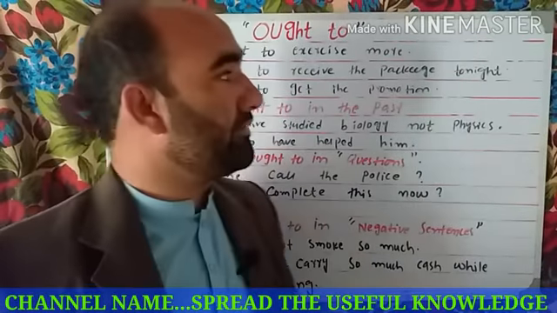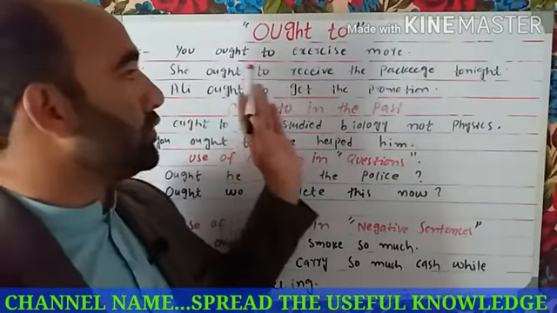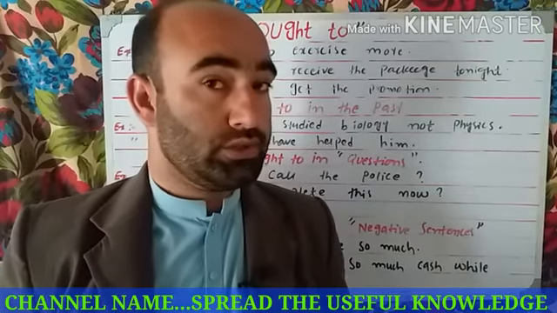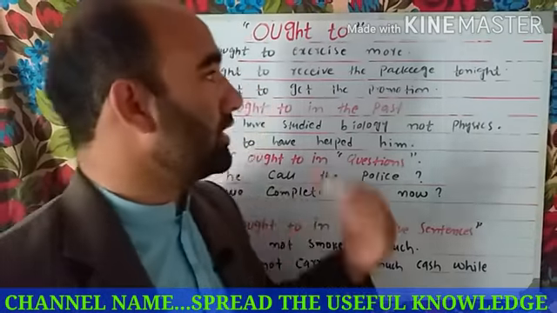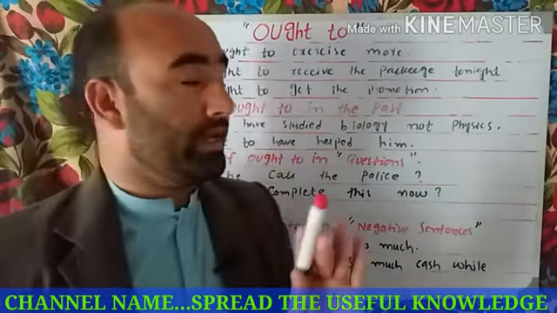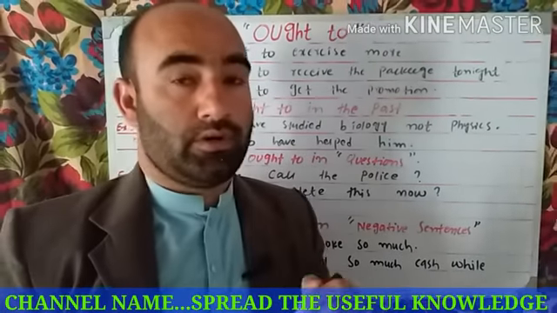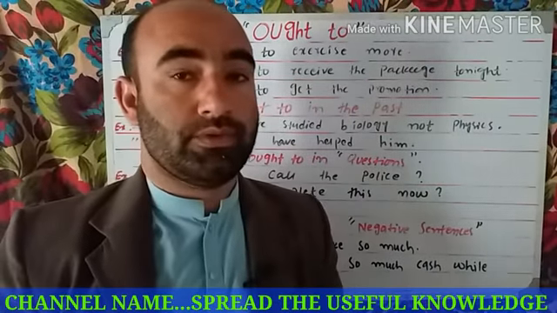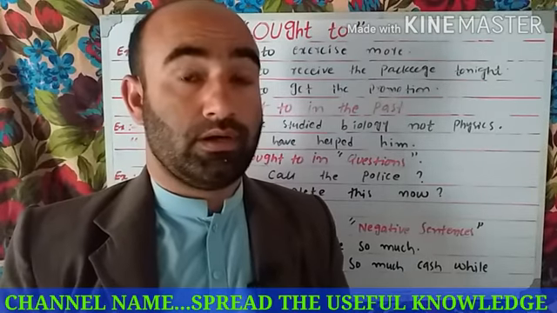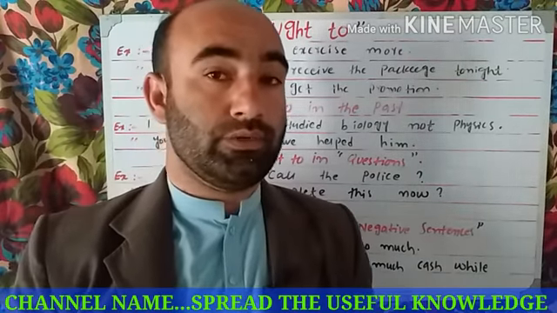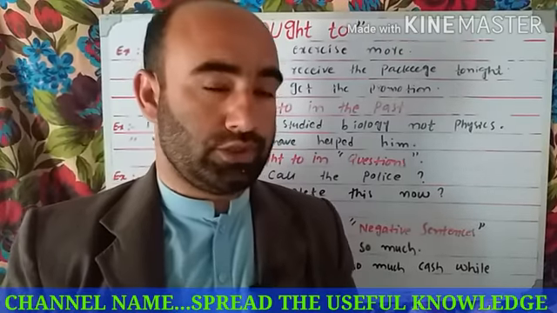So the first example: you ought to exercise more. One thing we have to know: the base form of the verb, the root form, or you can also say the first form of the verb, will be used with the modal verb ought to.